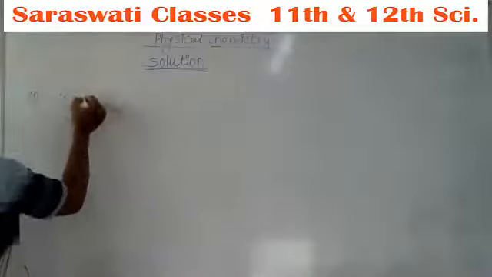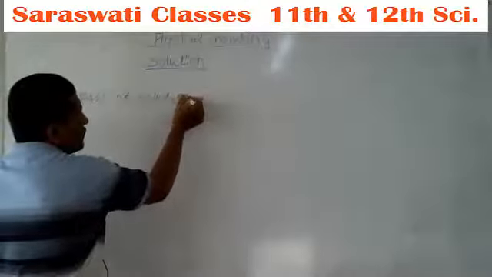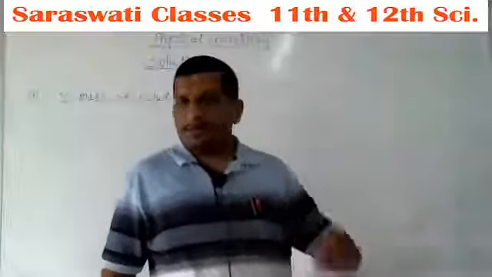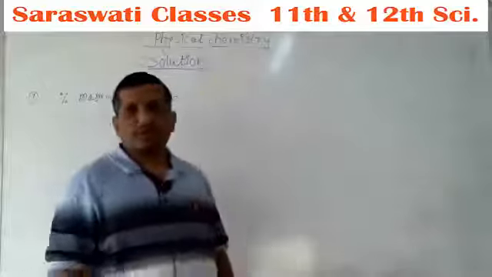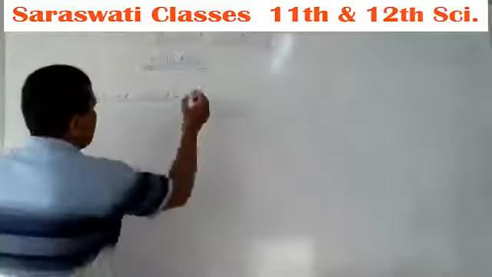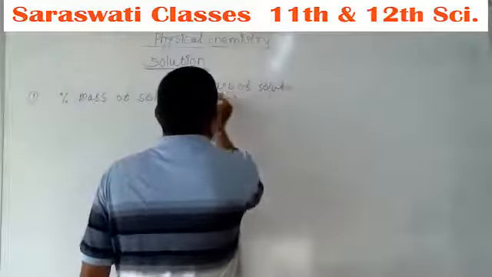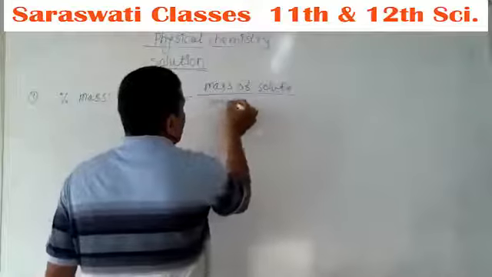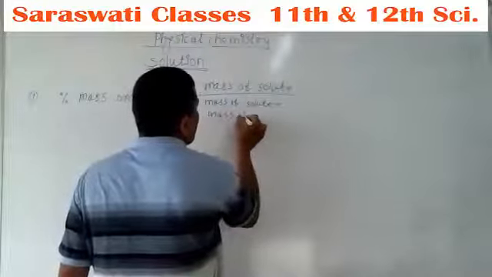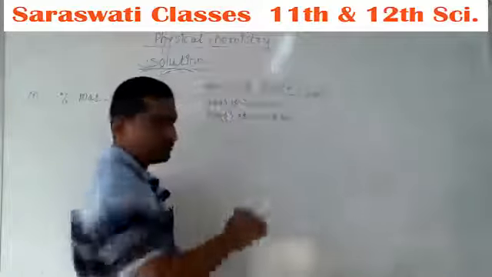First, percentage mass of solute. What is the formula of percentage mass of solute? Anyone? Mass of solute divided by mass of solution. Mass of solute divided by mass of solute plus mass of solvent, into 100.